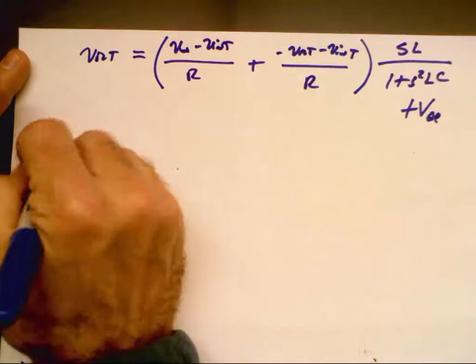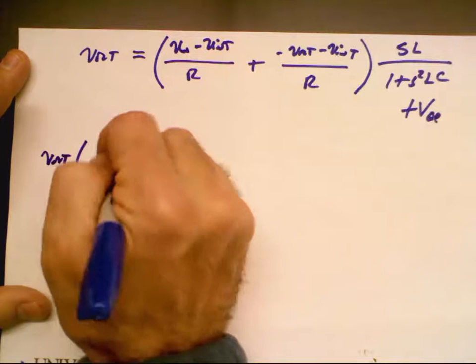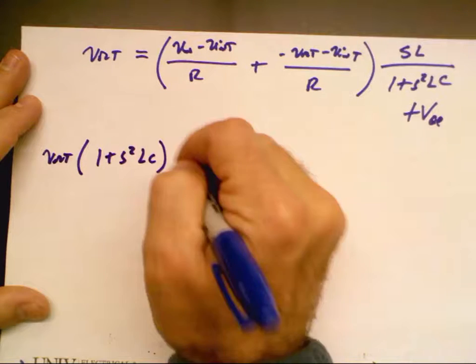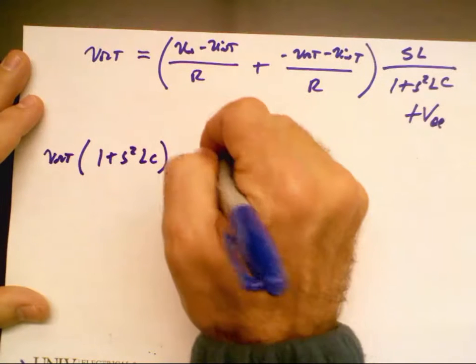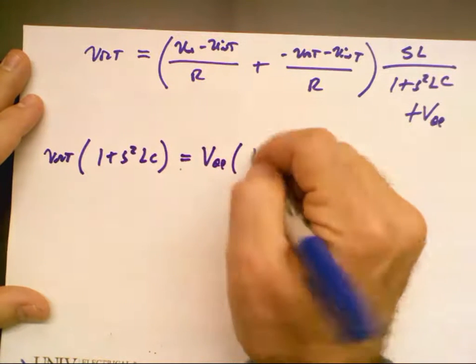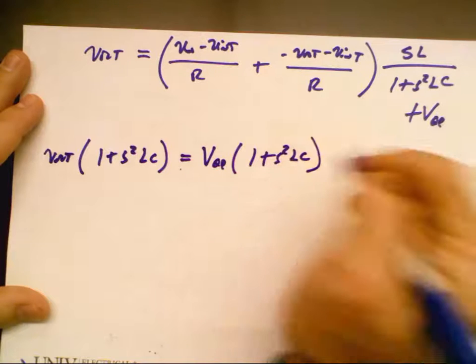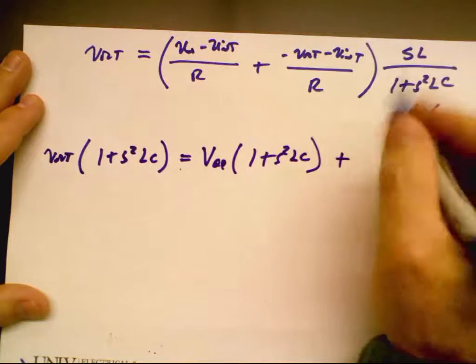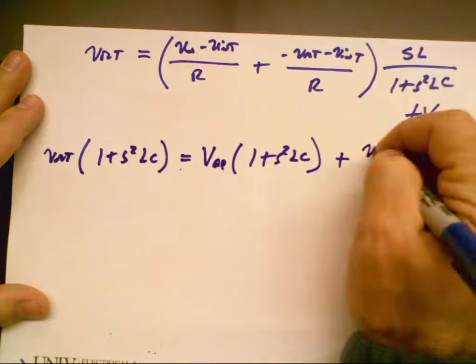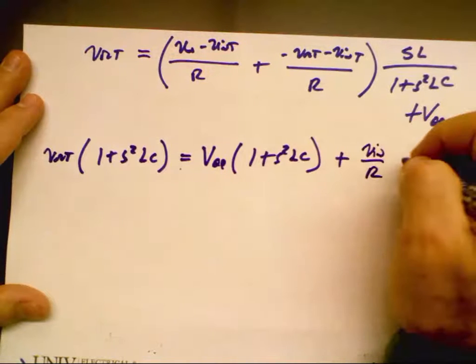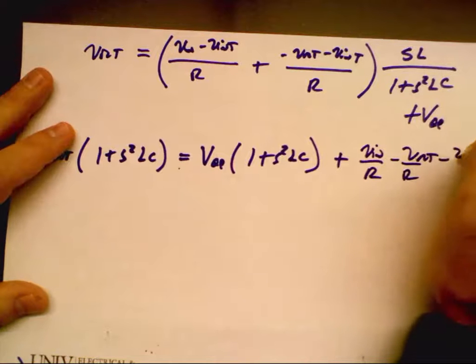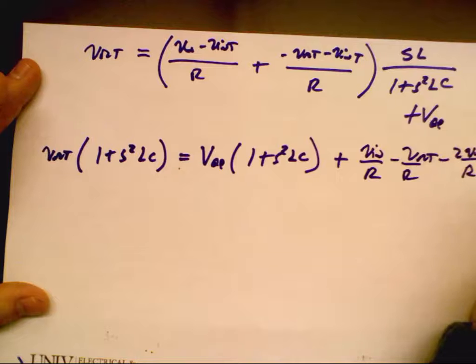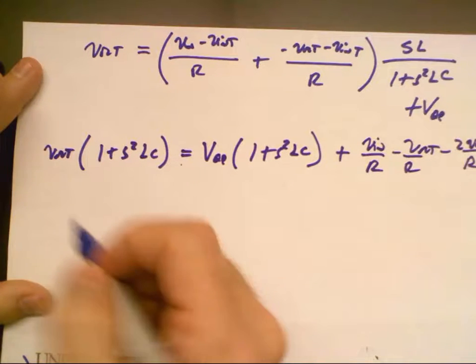We'll say V out times 1 plus S squared LC is equal to VQE times 1 plus S squared LC plus V in over R minus V out over R minus 2 V int over R. And then we'll move the V out here.